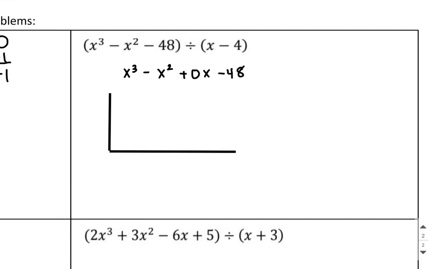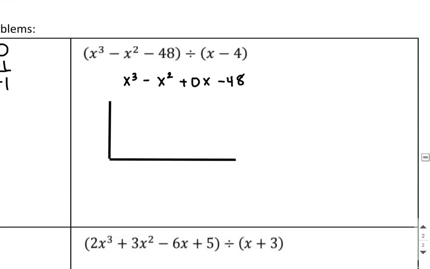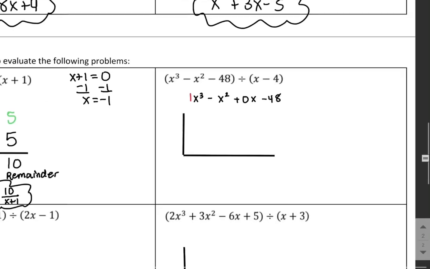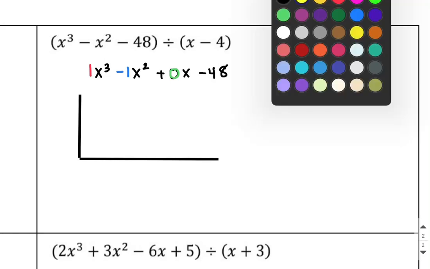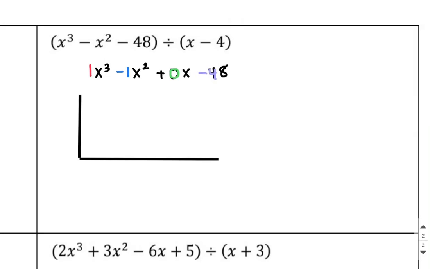So the coefficient for x cubed is 1. The coefficient for x squared is -1. The coefficient for x is 0, and then my constant is -48. And those are the numbers I'm going to put inside the synthetic division bar.